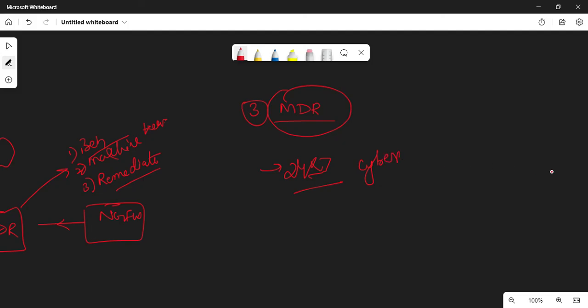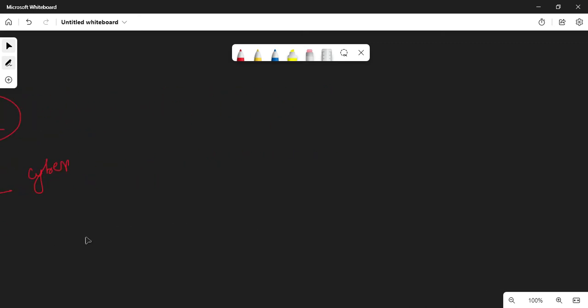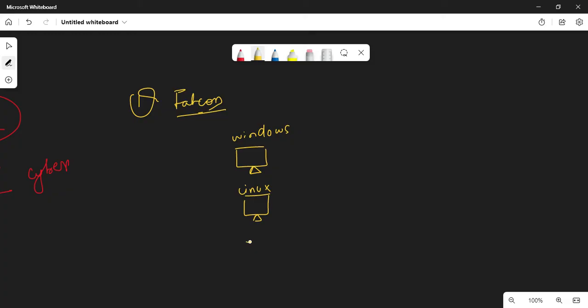Now, when we talk about CrowdStrike Falcon, this is one of the EDR solutions we have. In Falcon, you basically need to install the Falcon sensor within your endpoints. Your endpoint could be Windows, Linux, or Mac.